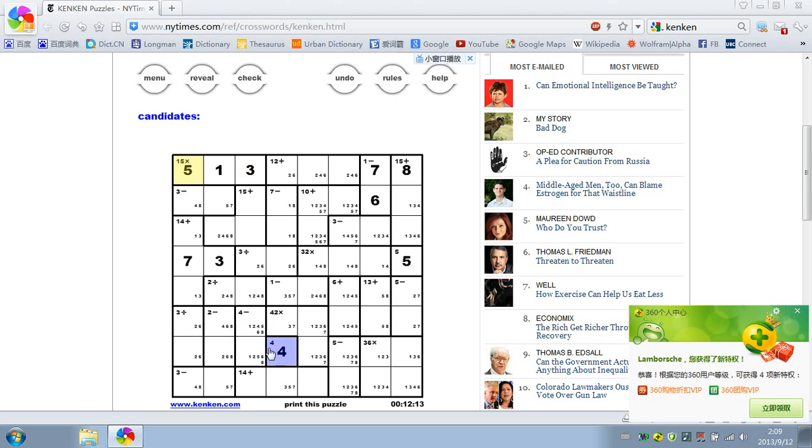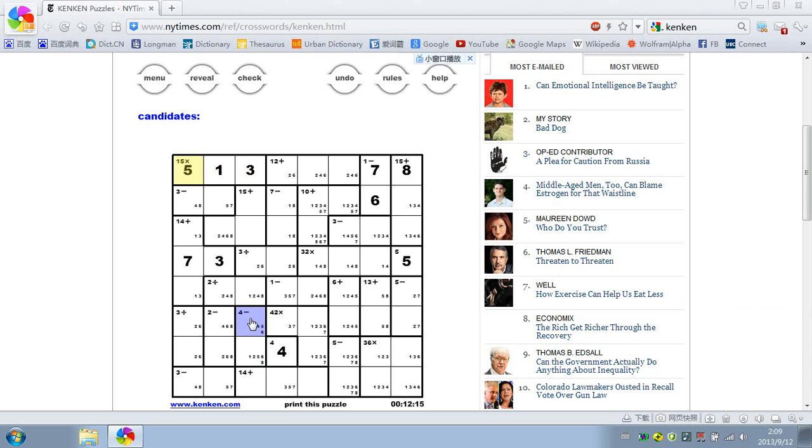It's okay, you cannot have 4 here, you cannot have 8 here. So we do not seem to have 7 in this column, it appears.